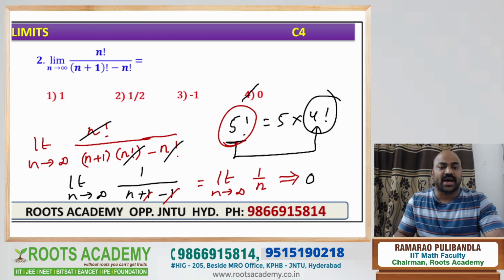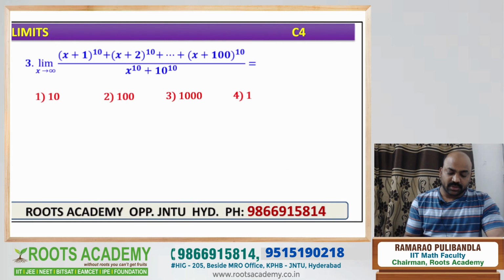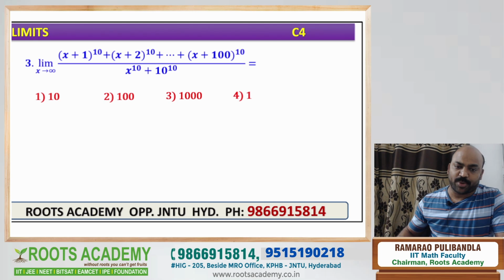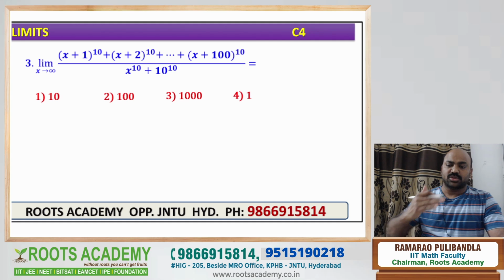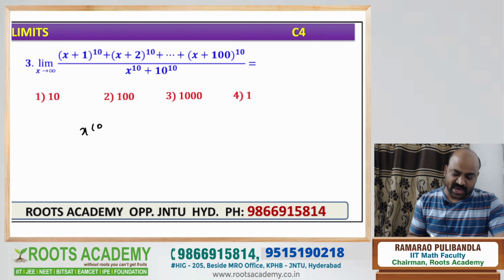Are you able to follow me? So move to the next question here. It's a polynomial by polynomial. So what do you do when you have a polynomial by polynomial? You take the highest powers out, both in numerator and denominator. So I am taking x power 10 out of both numerator and denominator.